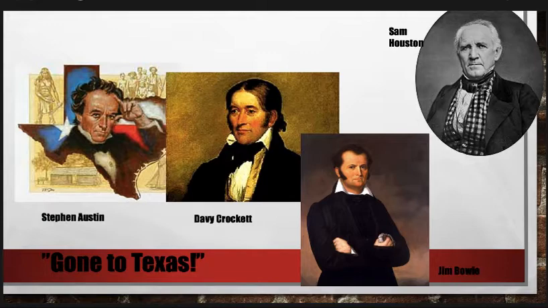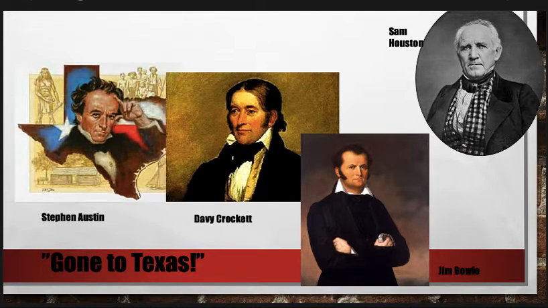And this is all before Mexico won their independence. So this is Spanish territory, all right? As time goes on, Mexico eventually overthrows the Spanish, and a new regime pops up in Mexico City. This regime was led by a military dictator named Antonio Lopez de Santa Anna.